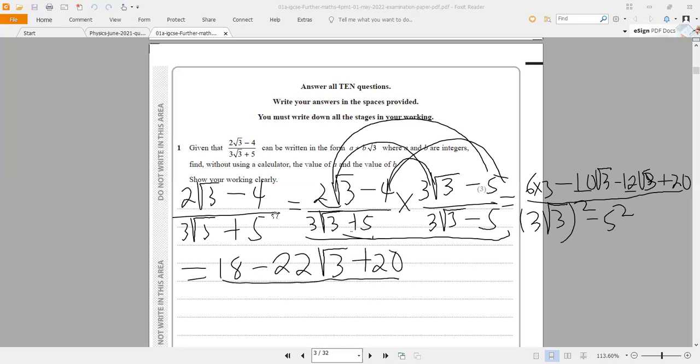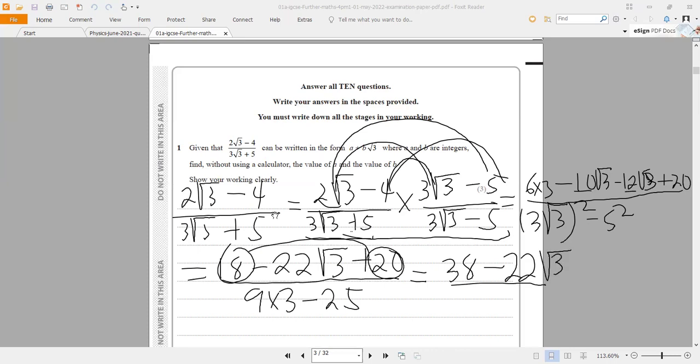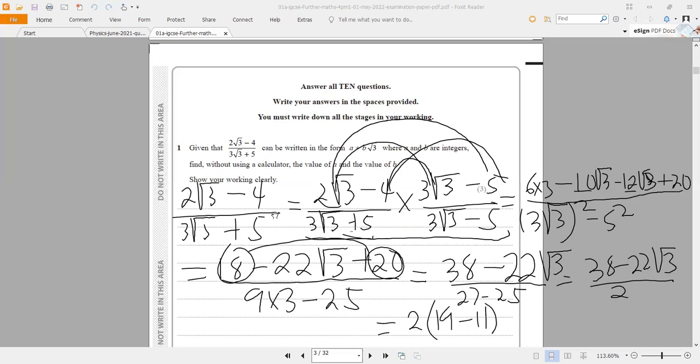The denominator is 9 times 3 minus 25, which is 27 minus 25, which gives us 2. So we have (38 minus 22 root 3) all over 2. Finally, we have (19 minus 11 root 3) all over 2.